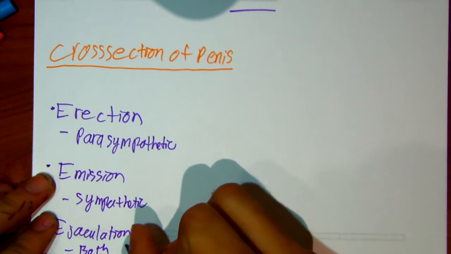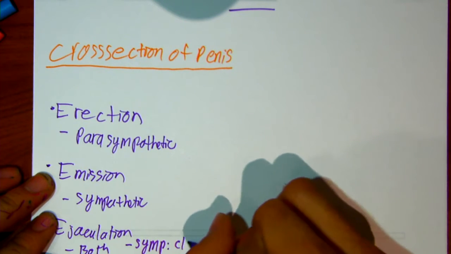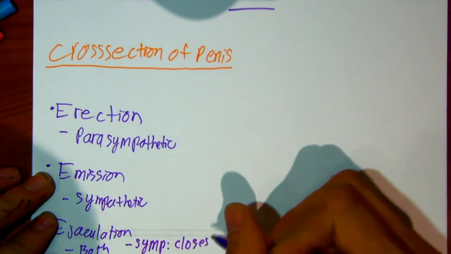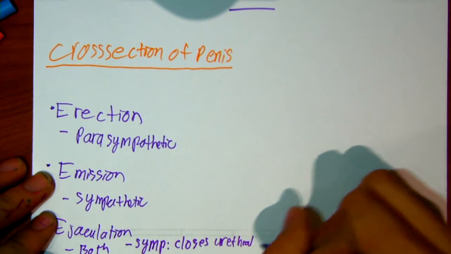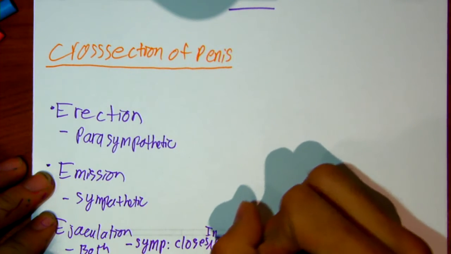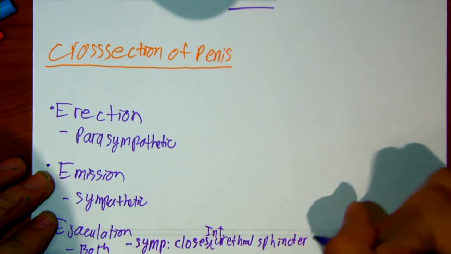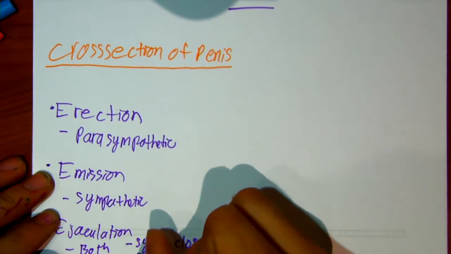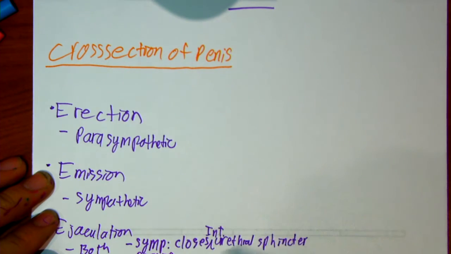So just to repeat that. Sympathetic closes urethral sphincter. I should be more specific, sorry. Internal urethral sphincter. This will prevent urination.